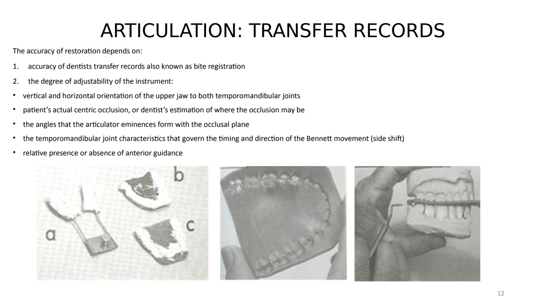So the bone, how the fossa and the condyle move, the gliding movement of the fossa, everything can be registered in those articulators. Therefore, when we do the final restoration, not only is it going to look good, but the function is also going to be very accurate.